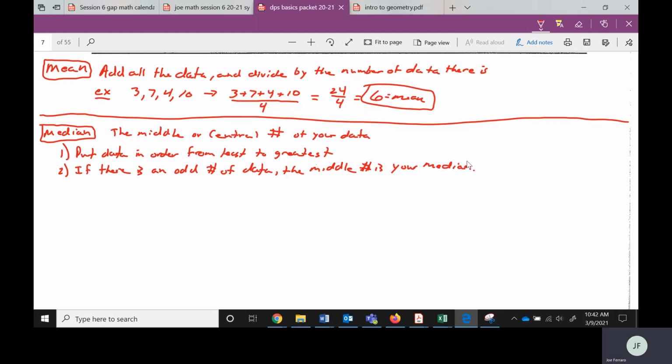An odd number of data would be like if you had a list of 5 numbers or a list of 9 numbers. There's one extra step if you have an even number. If there is an even number of data, find the average of the middle 2 numbers.